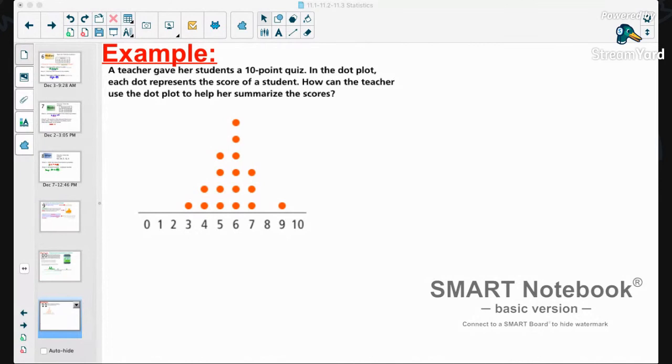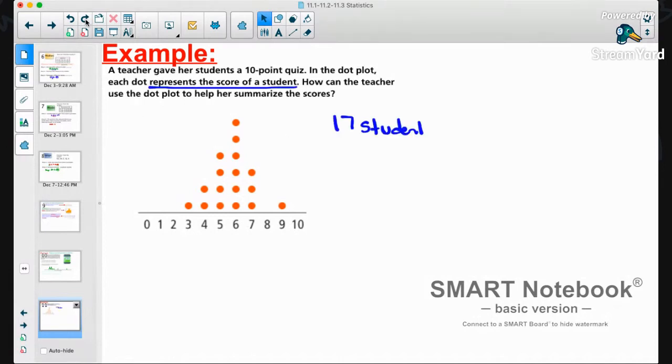If you count all these dots, you can understand how many students took this test. When you count them, you will figure out there are 17 students who took the test. All right.